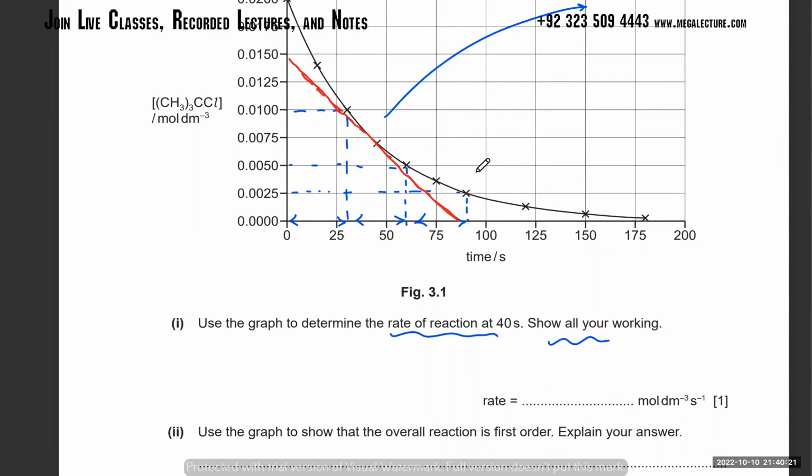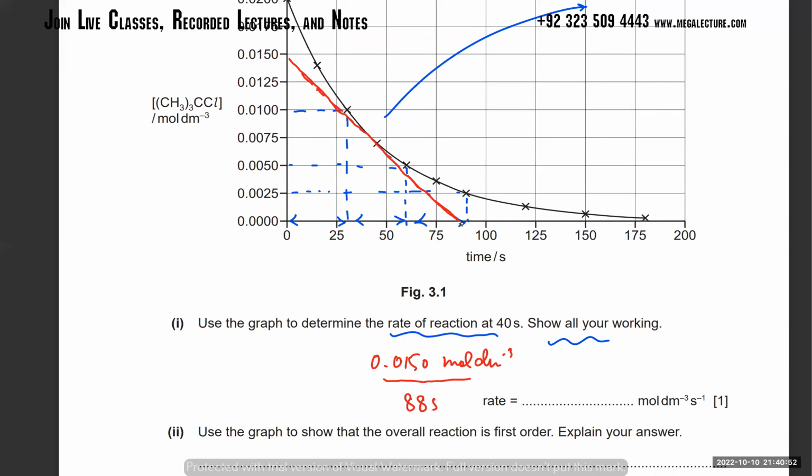I guess it's going to be a rough estimate. What's the change in y? That's 0.0150 moles per dm cubed. What is the change in x? That's the time, I guess 90, or midway, 88. Let's say 88 seconds, right?